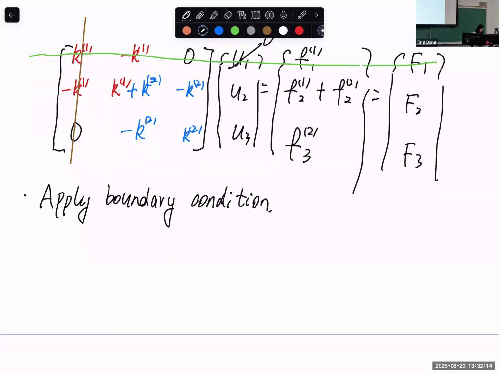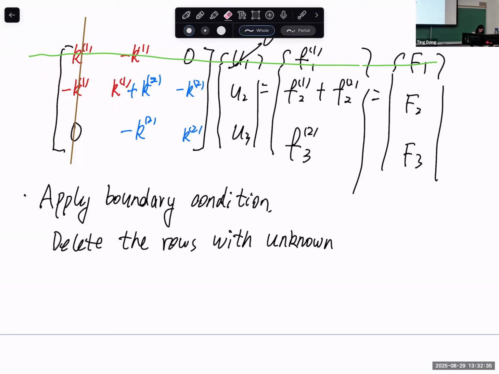First, we can delete the rows with unknown reaction forces. And then we can delete the column that multiplies with 0 displacement.